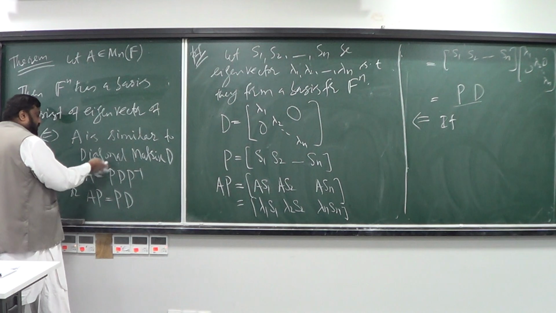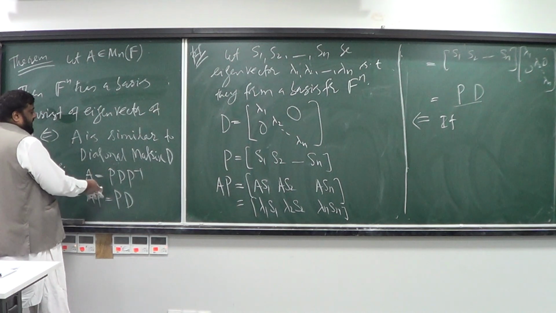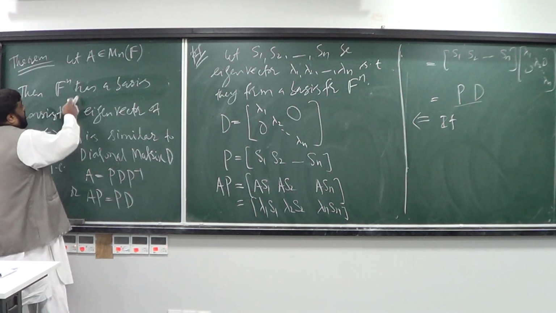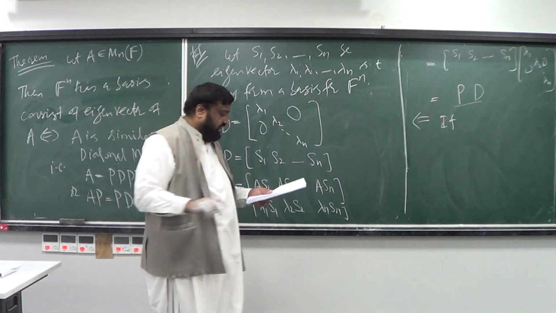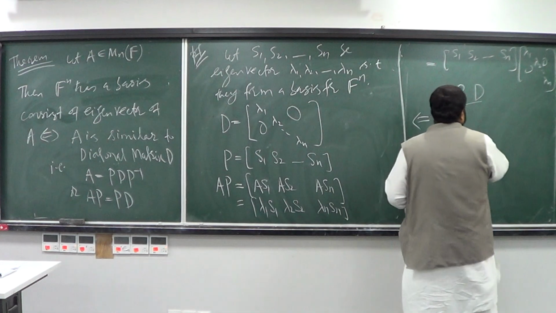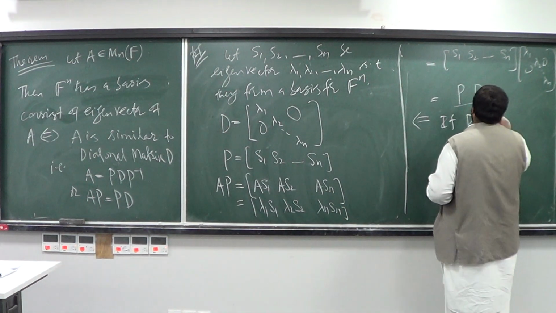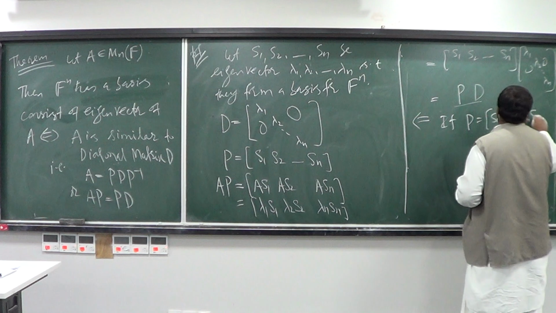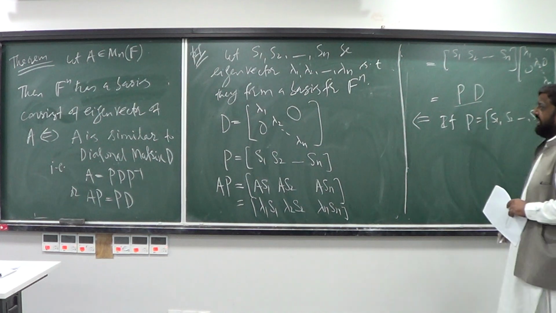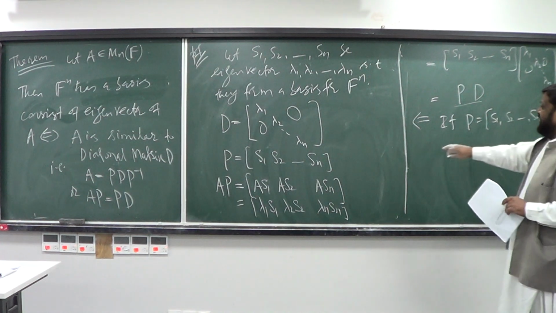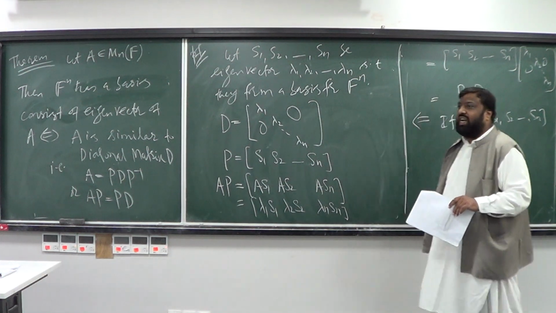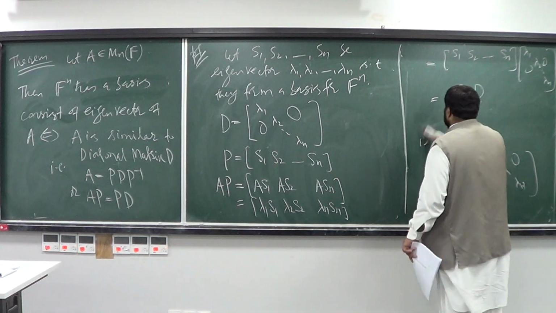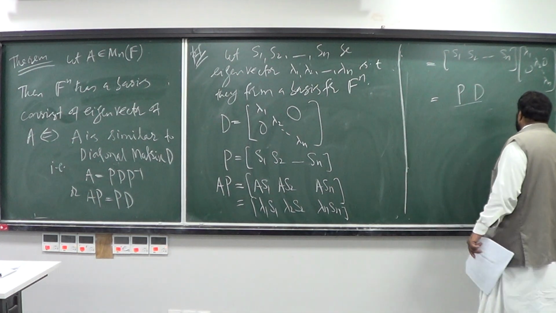Then from that invertible matrix, we can constitute a basis for Fn. So say that P is this S1, S2, Sn matrix. This P is not the same as this. We're not assuming that S1, S2, Sn are eigenvectors. Let's talk about the converse now.